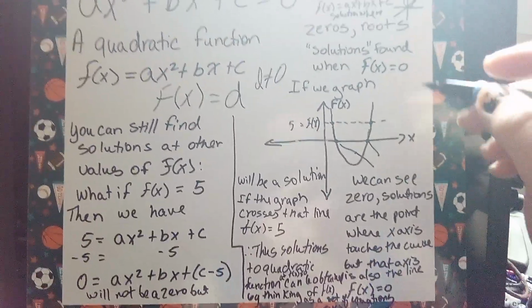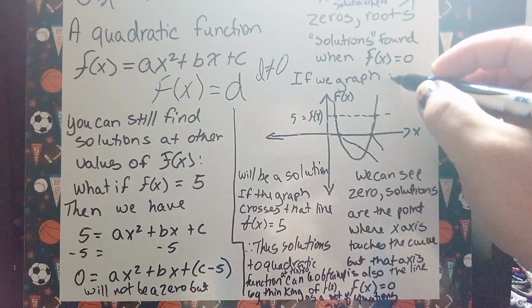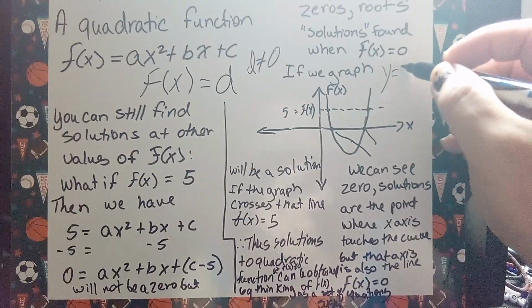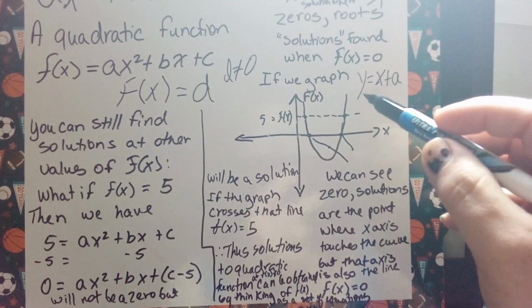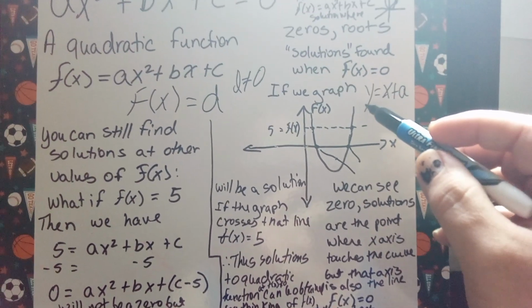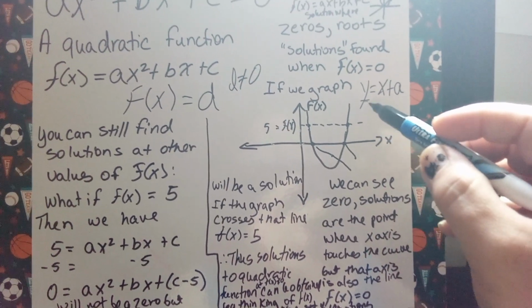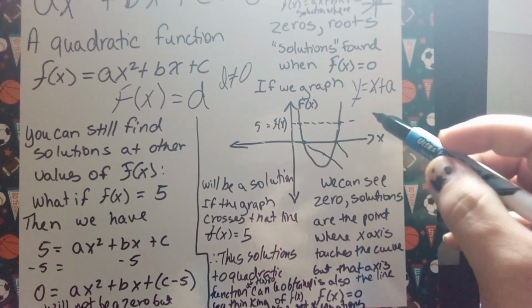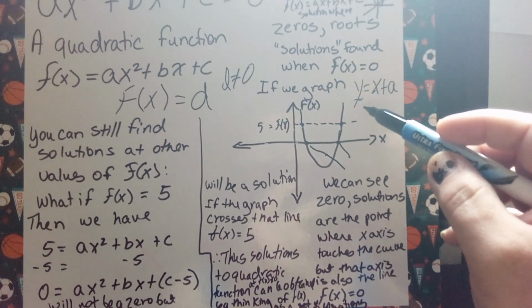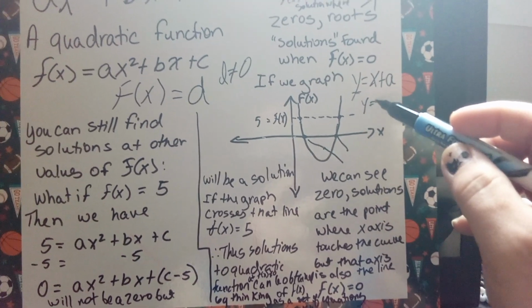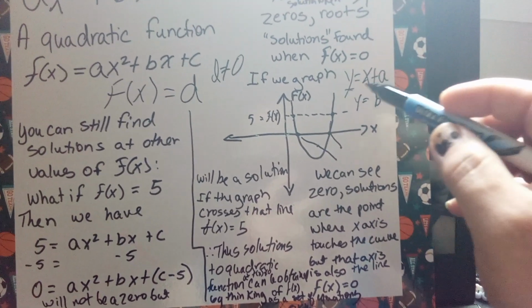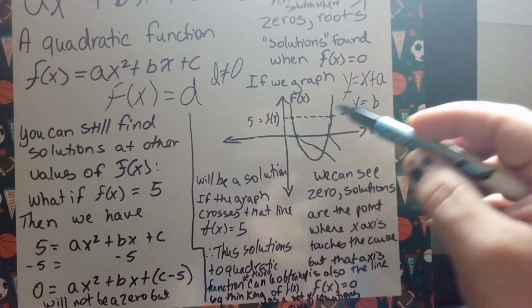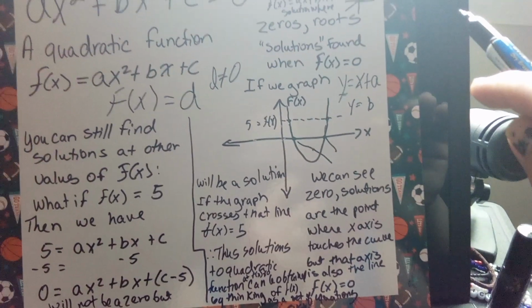So for a linear function, we have y equals x plus, say, a. If we have a graph like this, when we set the value of y, then we can solve the equation algebraically. What we're doing is looking at the line y equals that particular constant b, where it touches the graph.